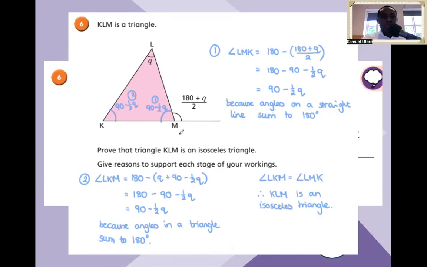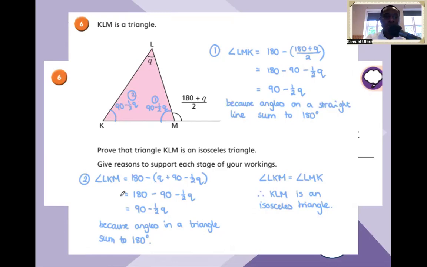Now, for the second part, if you look at LKM, we know that this is Q. And we know that the sum of the angles in a triangle will be equal to 180 degrees. So if this is an isosceles triangle, then either these two would be the base angles or these would be the base angles, and they would be equal.